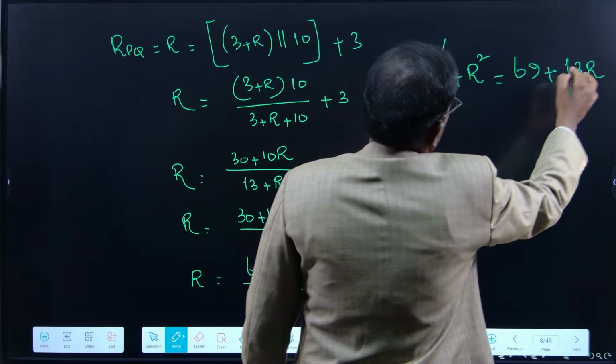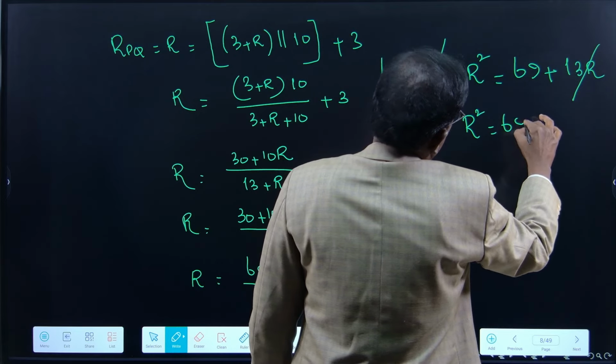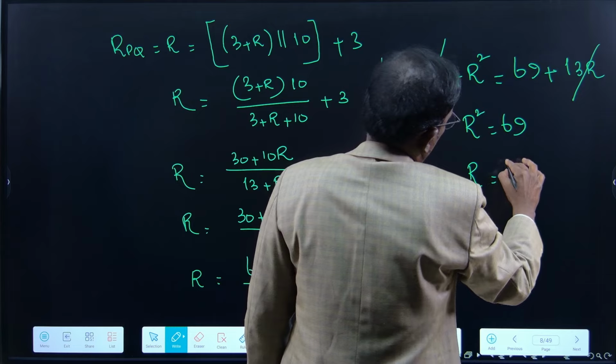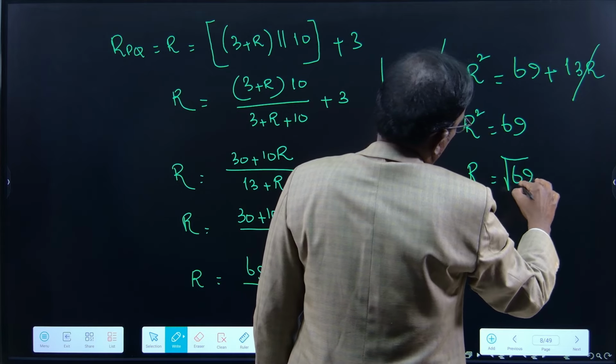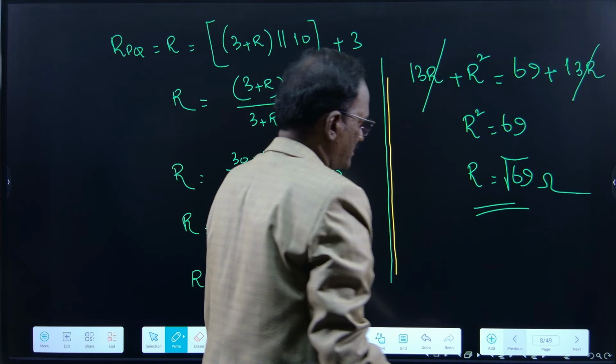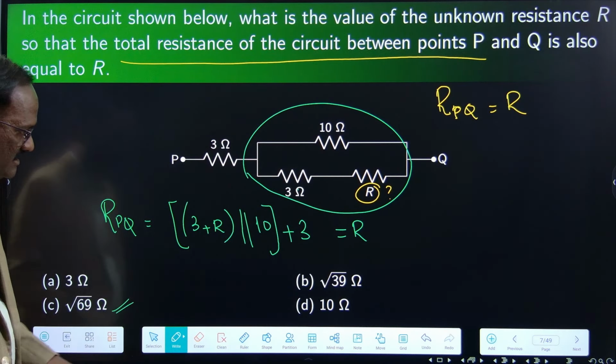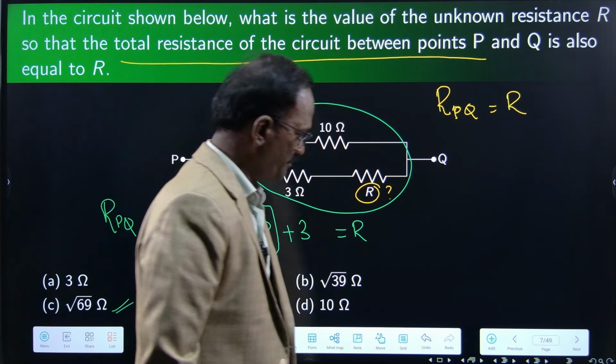Both sides 13R we can remove. R square is 69. So R is equal to root 69 ohms. Root 69 is the answer. Option C, root 69 ohms.